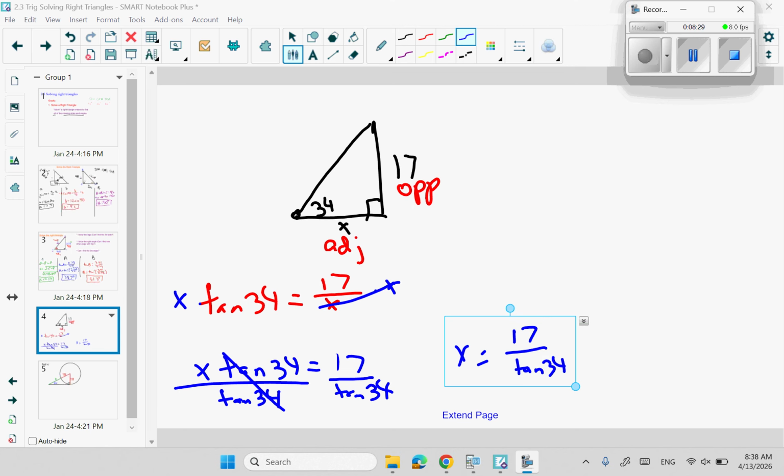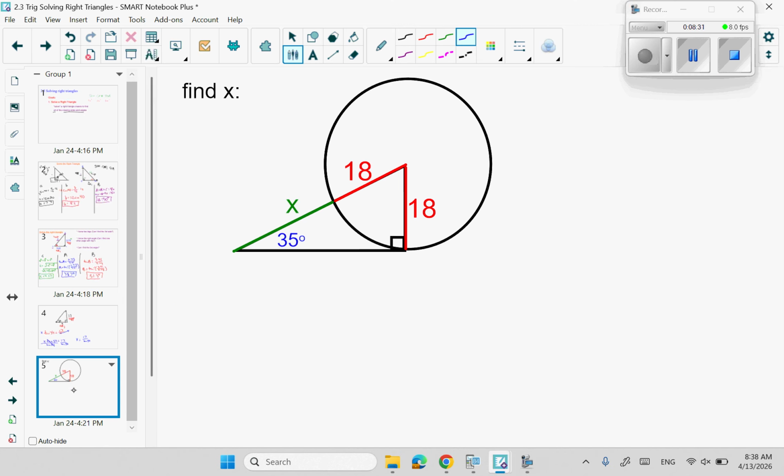Okay. Next one. We're given a circle here, and we're given these 18. These 18 are both the radius. Okay. And then we have a line that is perpendicular to the circle. It'd be called tangent to the circle, funnily enough.